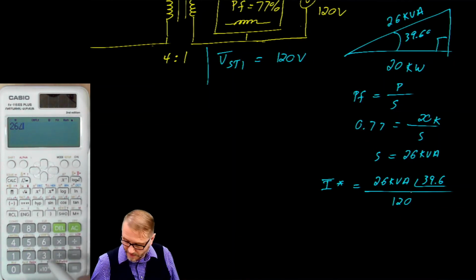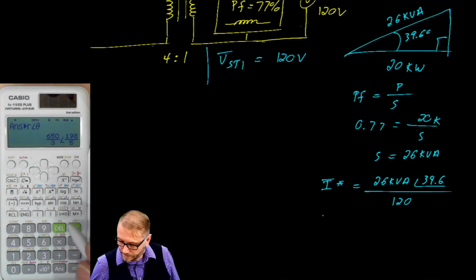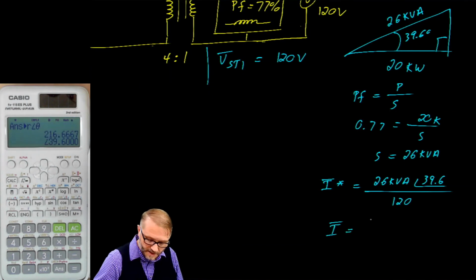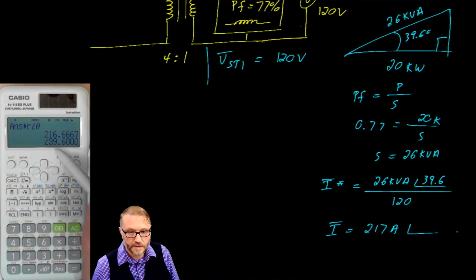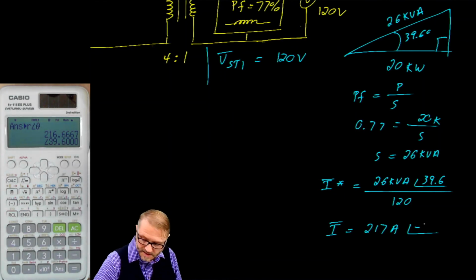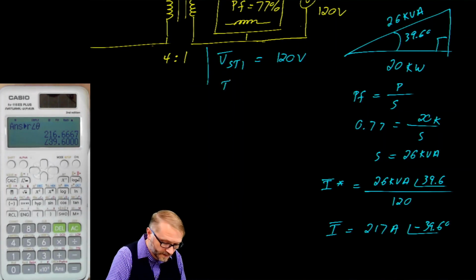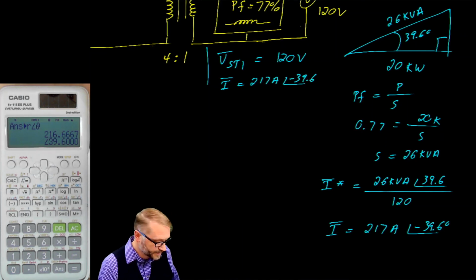That yields a current of 217 amps at a phase angle of, be careful, because here in the calculator we have the complex conjugate, so we need to convert that over to the paper as negative 39.6 degrees. So current is 217 amps at a phase angle of negative 39.6.